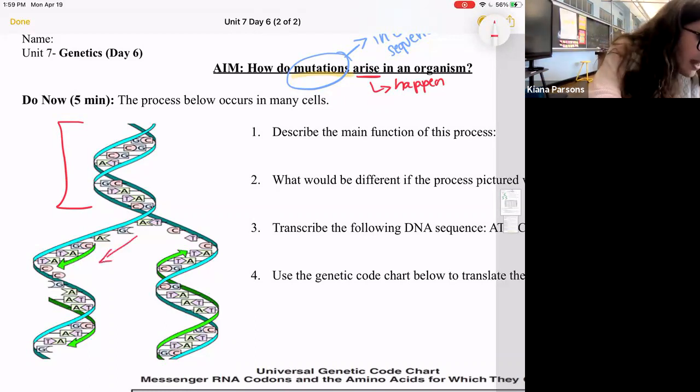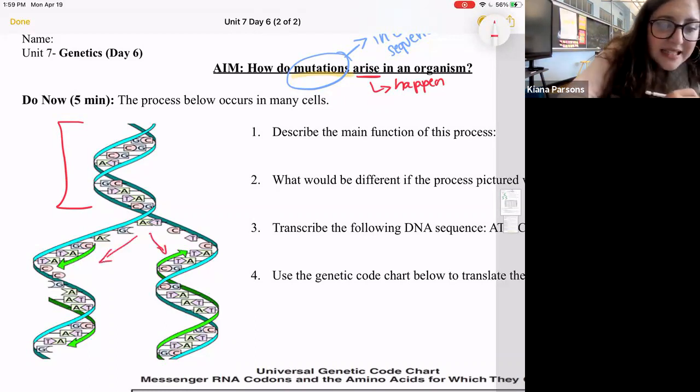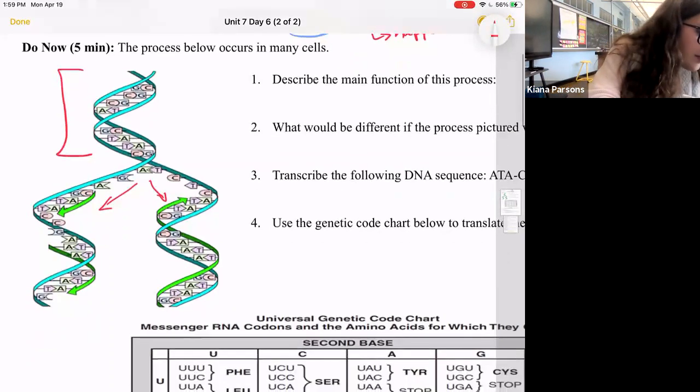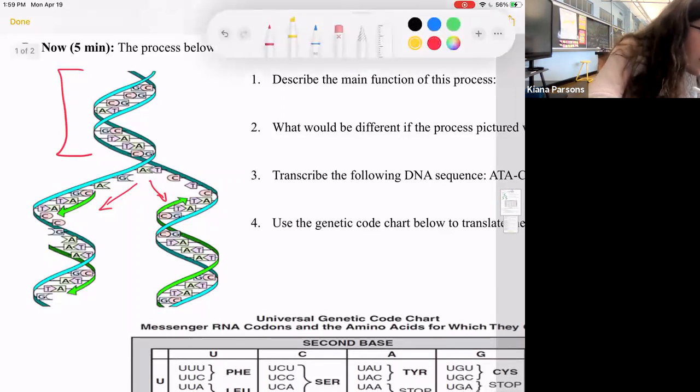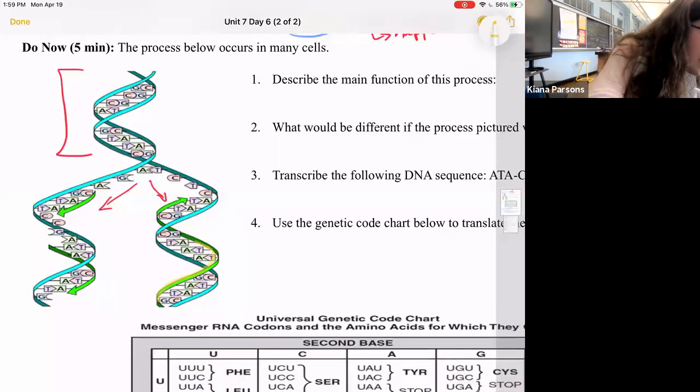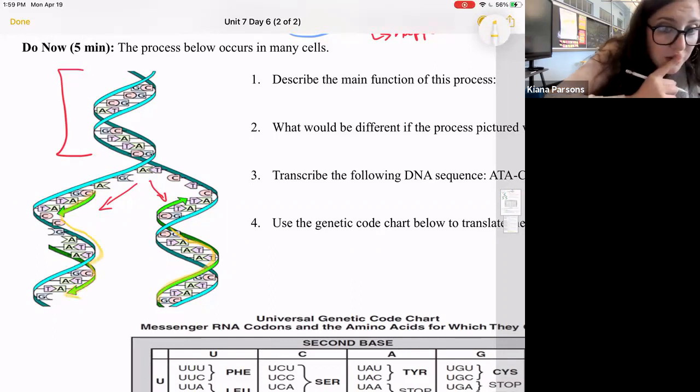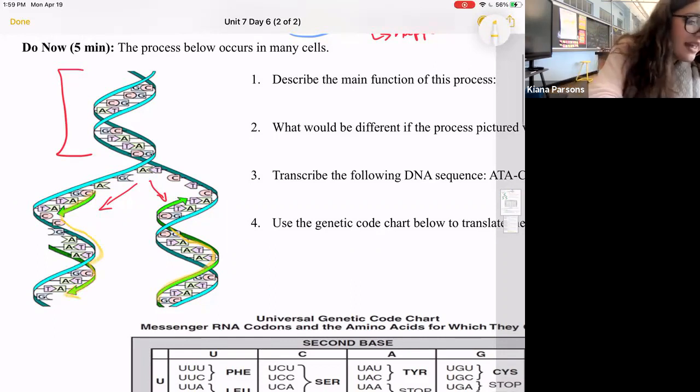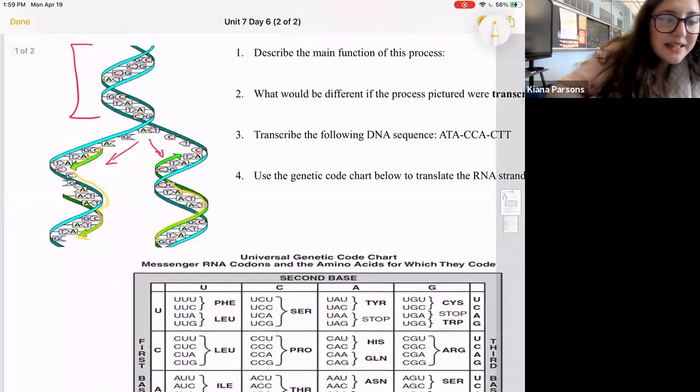It's unzipping, and here at the bottom we can see there is an arrow coming up from the bottom, matching base pairs, and there's another one coming in this direction because that's the way DNA replication, oops, I just told you what we're looking at. That's the way this process happens.